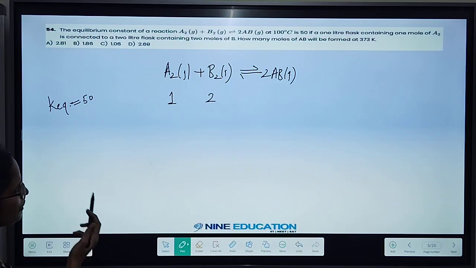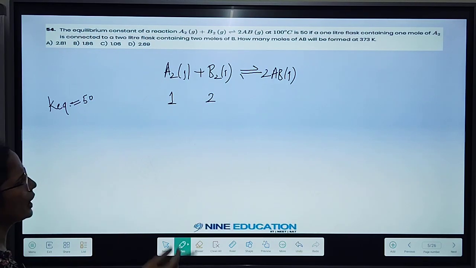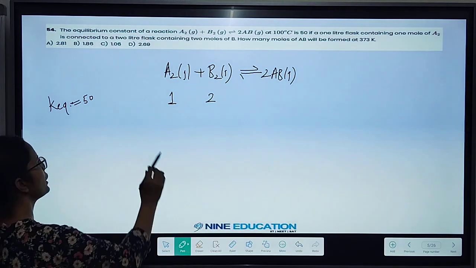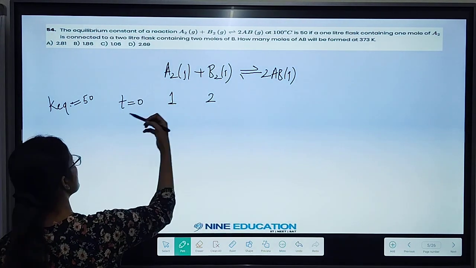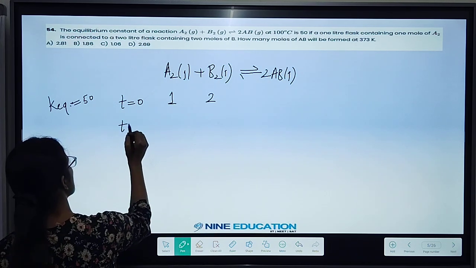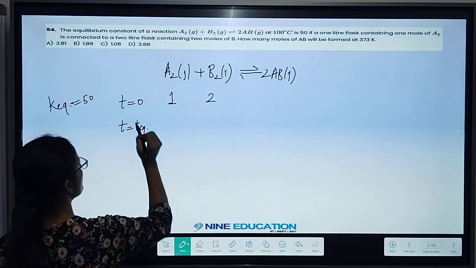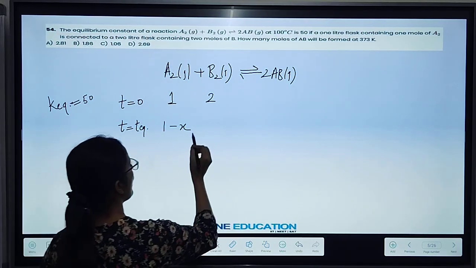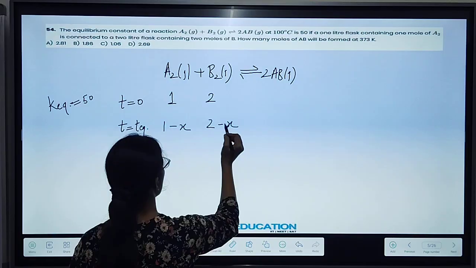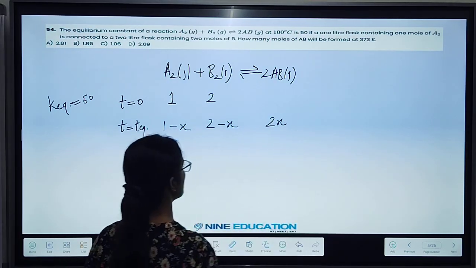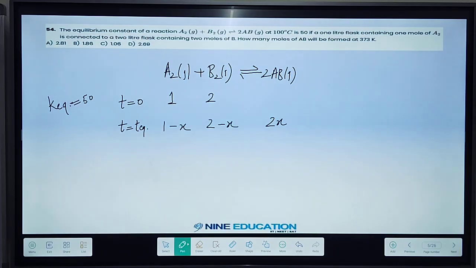Because of that, only after understanding how much A2 and B2 will be reacting can we understand how much AB will be forming. So let us say at t equals 0, we are starting with 1 mole of A2 and 2 moles of B2. At equilibrium, some x mole of A2 has reacted, and in the same way x mole of B2 will be reacting. How much AB will be forming? It will be forming 2x.